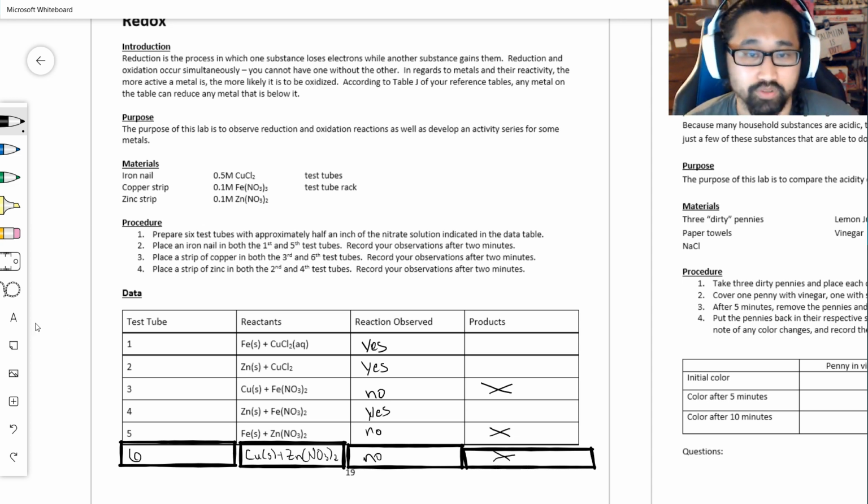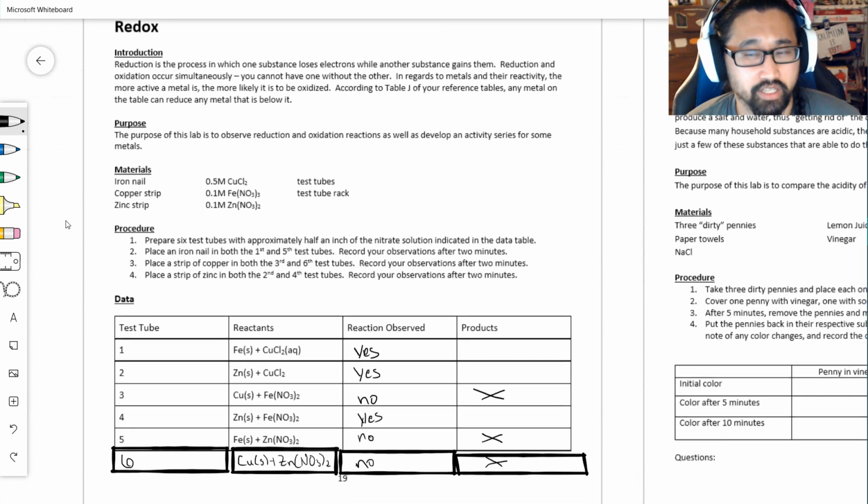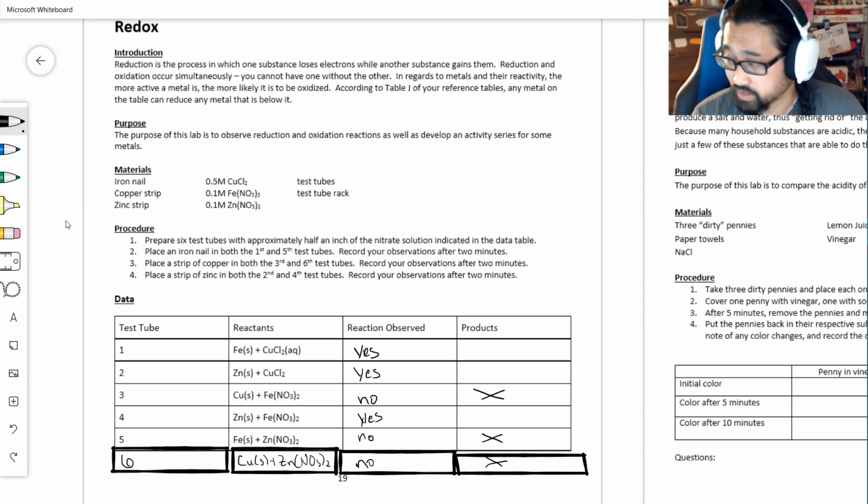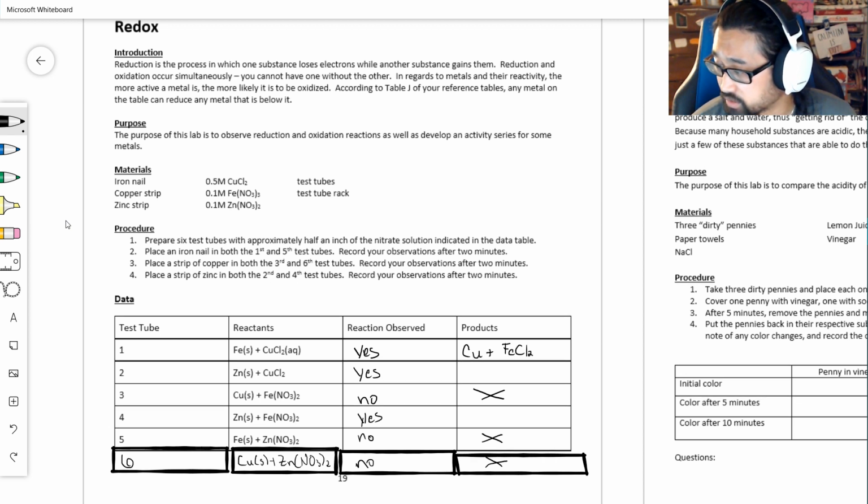This lab was a redox review, and if you remember, there was a certain kind of reaction that would always, always, always be a redox reaction. That type of reaction was a single replacement. So, single replacement reaction for 1 means that our products would be copper and iron 2 chloride.